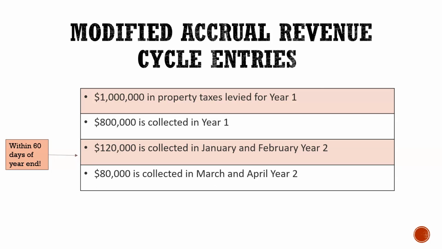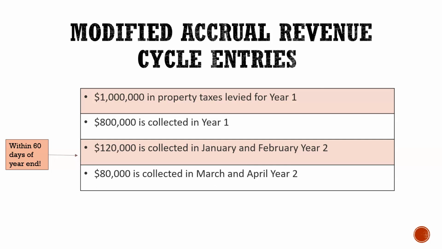And that's if we use what we typically use in accounting, which is 30 days per month, 2 months. Yes, I realize that February has fewer days and different months have different days. But in this instance, we're just going to say every month has 30 days in it. So that $120,000 was collected within 60 days of the accounting period ending, meaning we can still use that to pay some of our current liabilities.